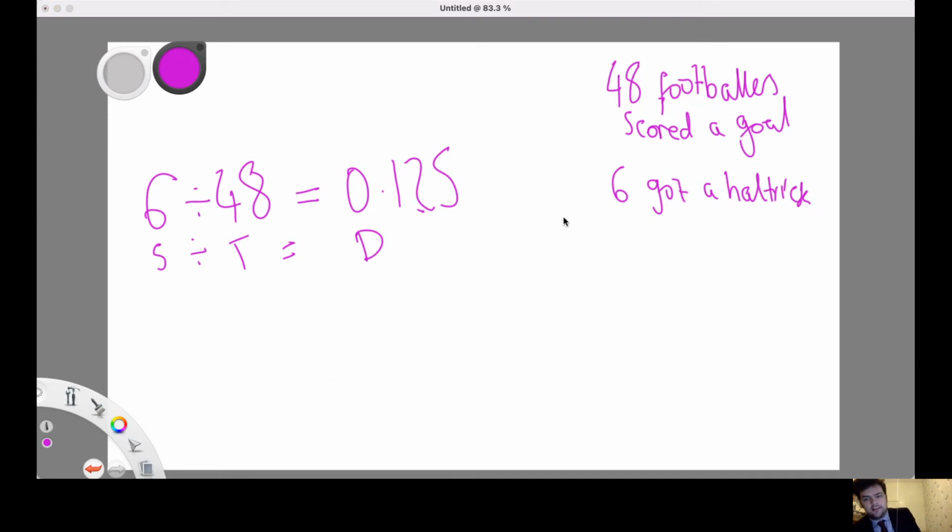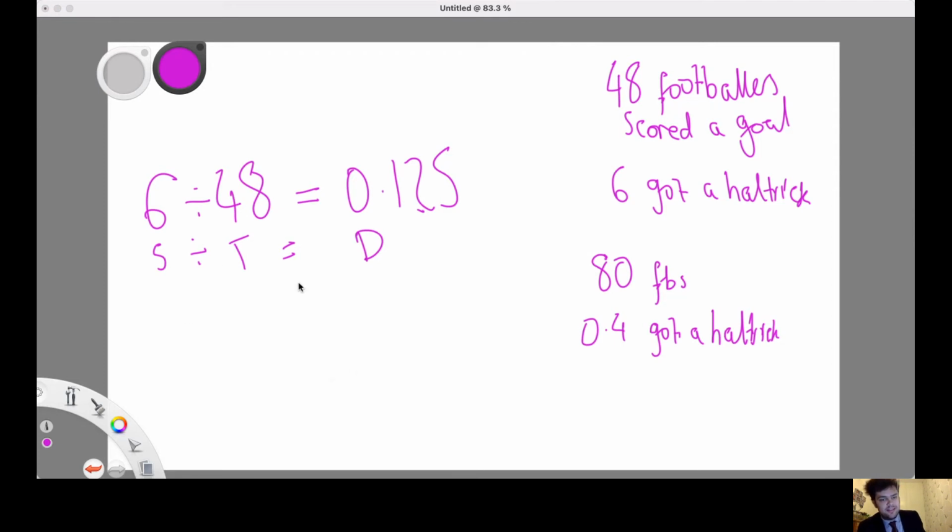What about the reverse? Let's say we've got 80 footballers, and we know that 0.4 of them got a hat trick. Well, this time we just swap the formula around.